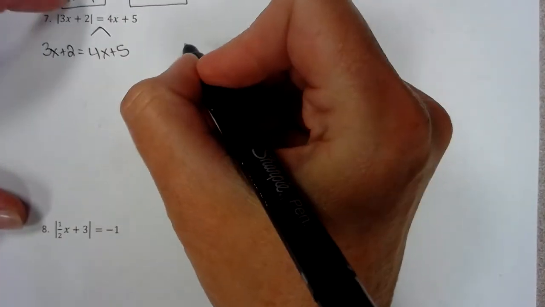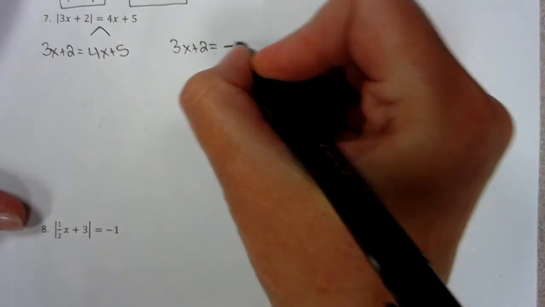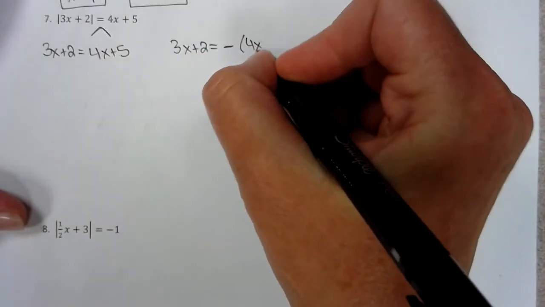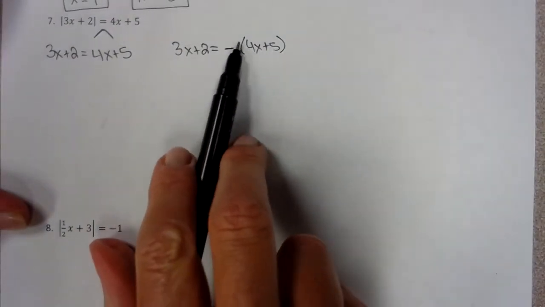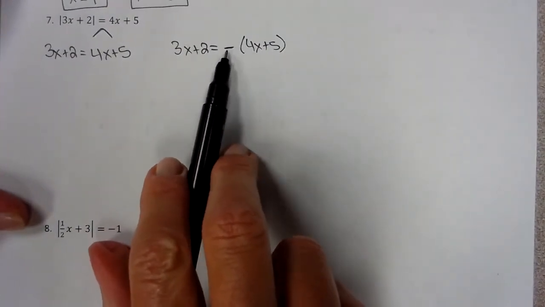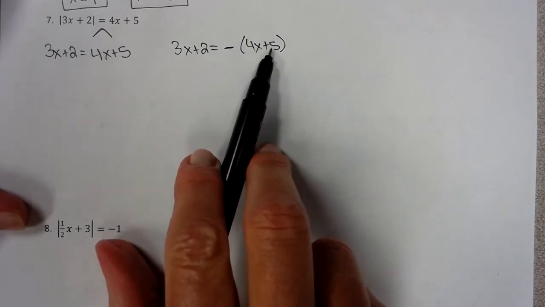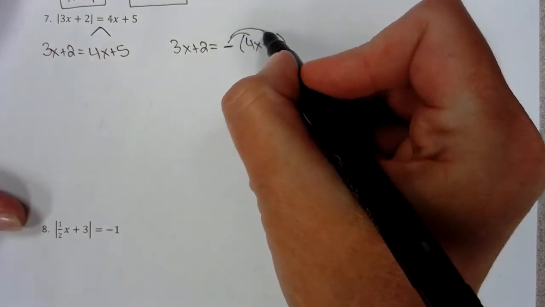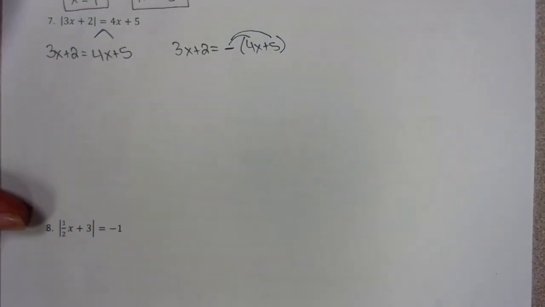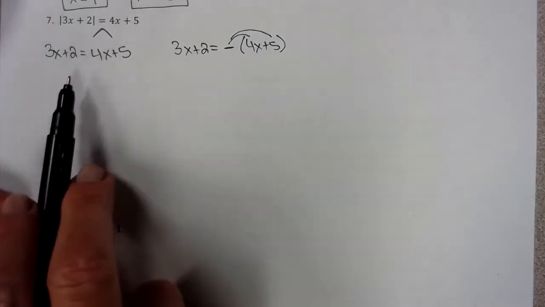But the absolute value, so 3x plus 2, also equals the negative version. So what's different about this one is that when it equals the negative of it, since there's two terms on this side of the equal sign, this negative here, you have to remember that it's going to need to be distributed, and so it's going to change both of these signs.